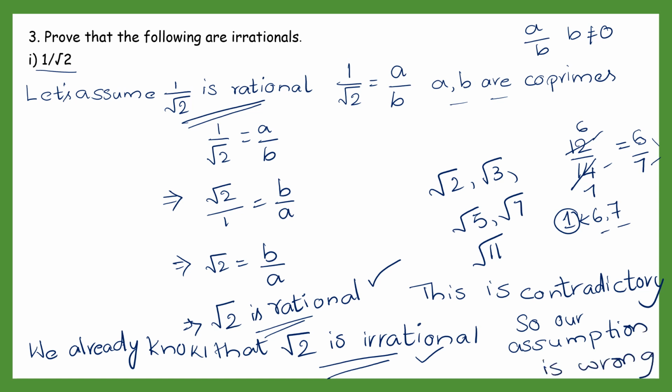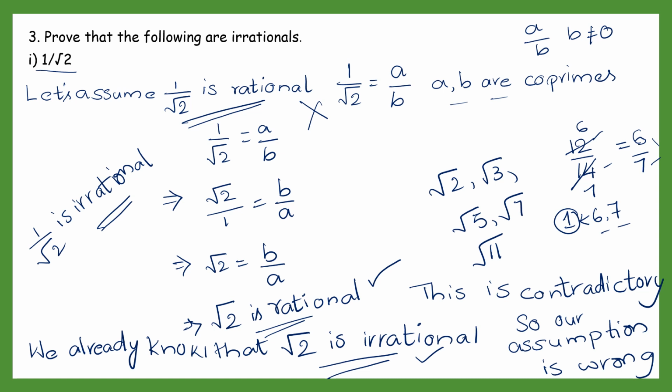What was our assumption? Our assumption was 1 by root 2 is rational. This is wrong. Hence, it is proved that 1 by root 2 is irrational.